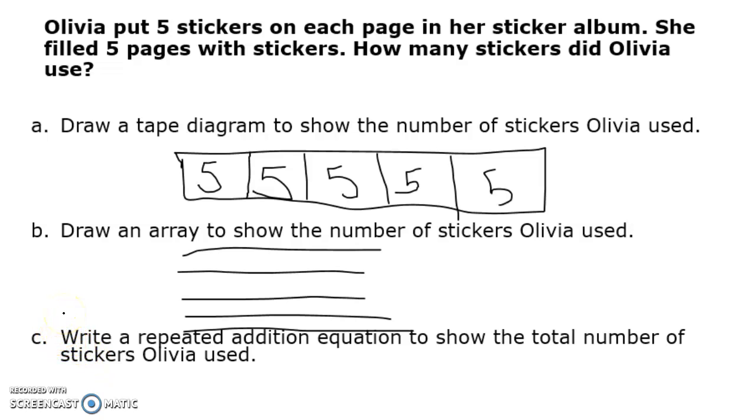It says write a repeated addition equation to show the total number of stickers Olivia used. So here, you're going to go ahead and write your repeated addition equation. Pause this video and write what you think the equation should look like. Okay, you should have 5 numbers that you're adding.